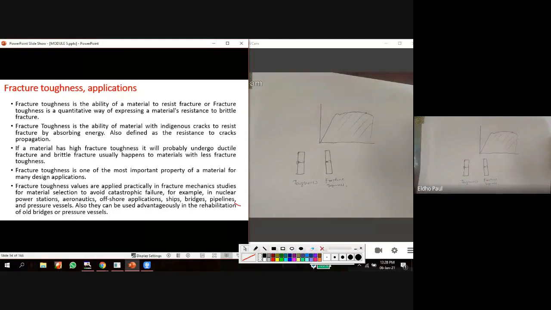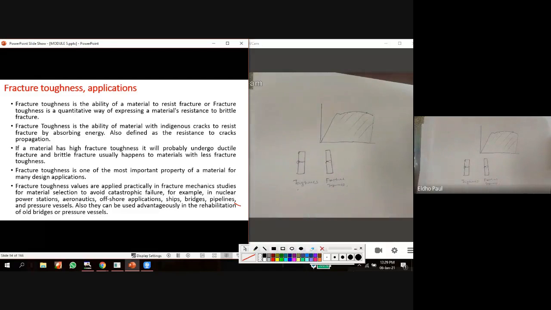So that is the difference between toughness and fracture toughness. When we calculate toughness, there are no cracks, so the energy required for the initiation and propagation of crack is called toughness. But here, initially there is a crack, and how much energy is required for the propagation of the crack? That is fracture toughness.